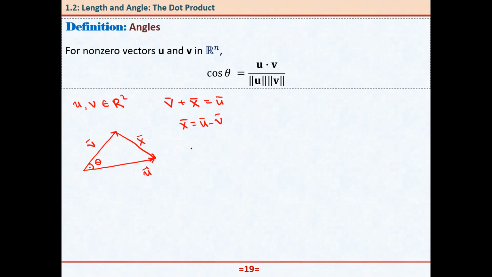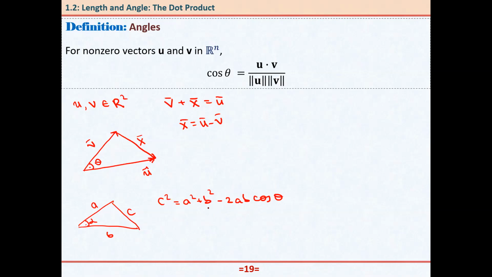And I'll just use the cosine theorem, if you remember it from high school or pre-calculus. If you're given a triangle with sides C, A, B, and the angle theta between A and B, the cosine theorem states that C squared is equal to A squared plus B squared minus 2 times AB cosine of theta.